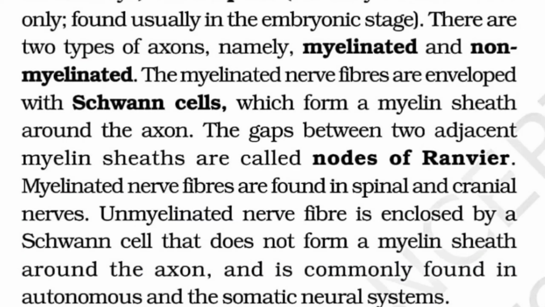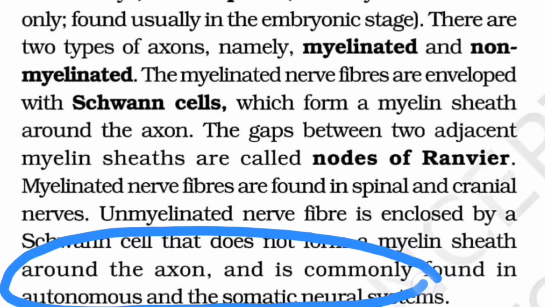For saltatory conduction, or fast conduction of the nerve impulse, the nerve should be myelinated. If the nerve is not myelinated, the impulse will not be as fast. So Schwann cells are present in unmyelinated fibers, but they do not form a myelin sheath around the axon, and these fibers are commonly found in the autonomic and the somatic nervous system, that is, the ANS or SNS.